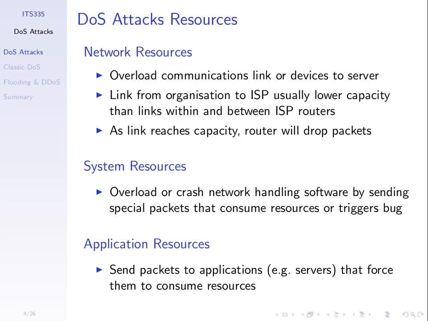Or to exhaust the applications. So for example, a web server is not just a computer, but is an application, a software application running on a computer. So the Apache software is a web server, and if we can make that application slow down, then that can be considered a denial of service attack by consuming resources from that application.